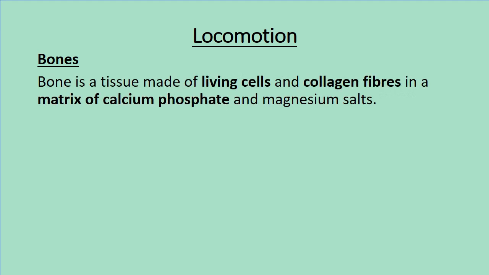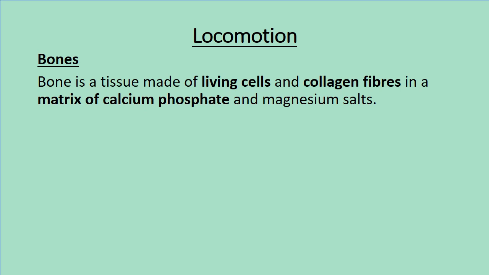Next, we take a look at bones. So a bone is a tissue made of living cells and collagen fibers, just like a cartilage, but it is suspended in a matrix of calcium, phosphate, and magnesium salts. So bones and cartilages are the same.